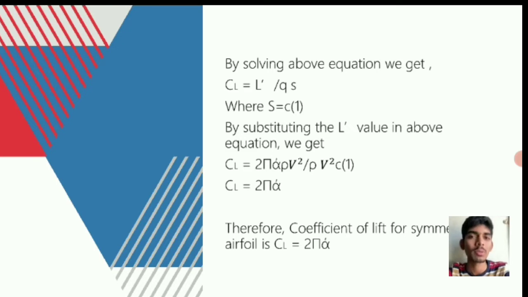By solving the equation we get CL equal to 2 pi alpha. Therefore we can confirm that the coefficient of lift for a symmetrical airfoil is CL equal to 2 pi alpha.